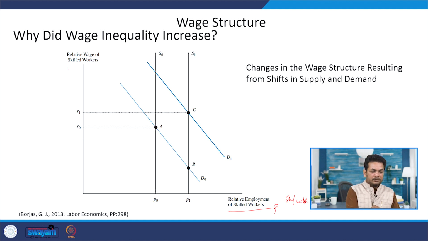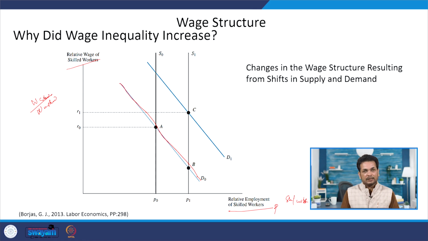On the y axis, we have taken the relative wage of skilled workers to unskilled workers. Now, we have considered a downward sloping demand function for the skilled workers.